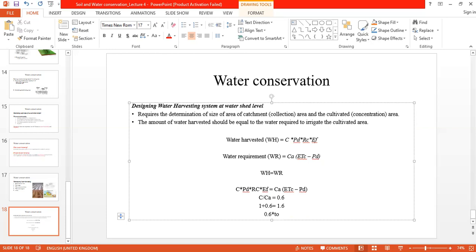For example, if it's 100 hectares, so this will be your catchment.